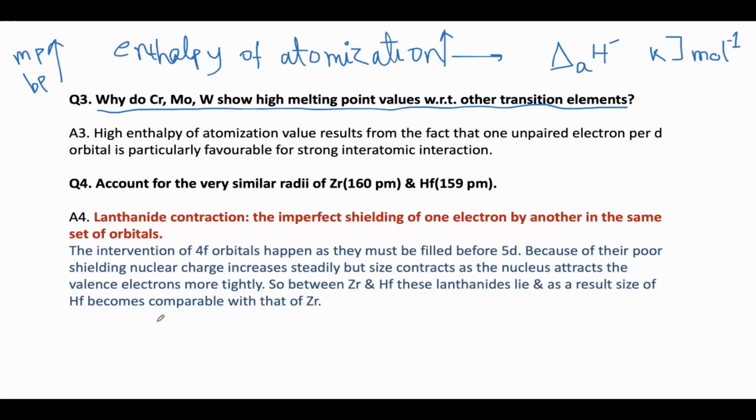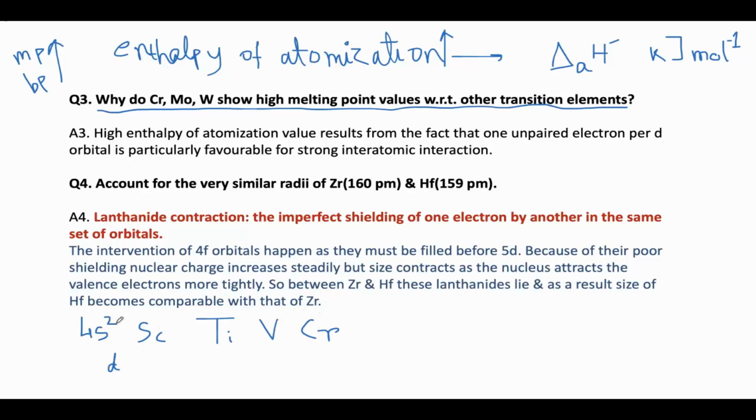Thinking of the 3d series, we have scandium, titanium, vanadium, then chromium. Scandium starts with the d1 electron, because calcium's 4s2 comes first.